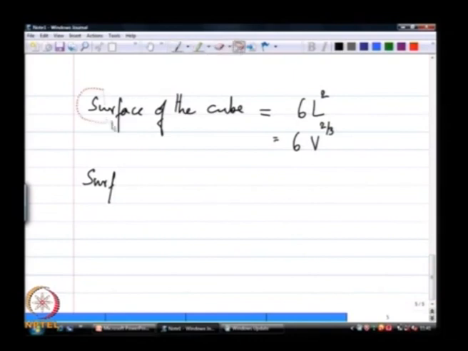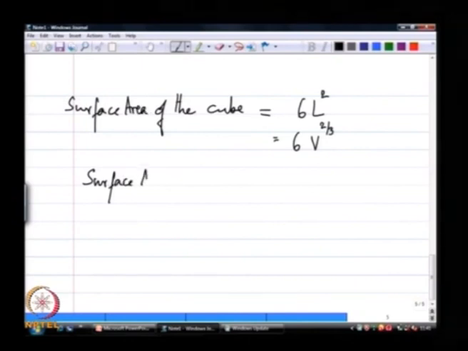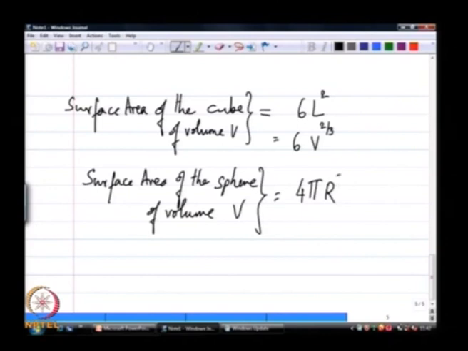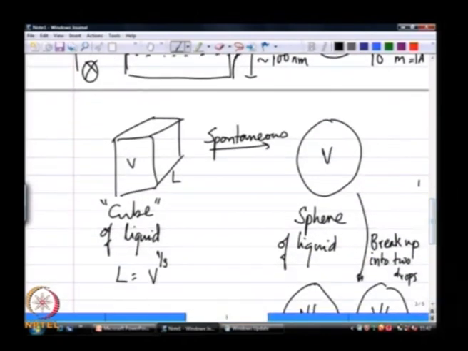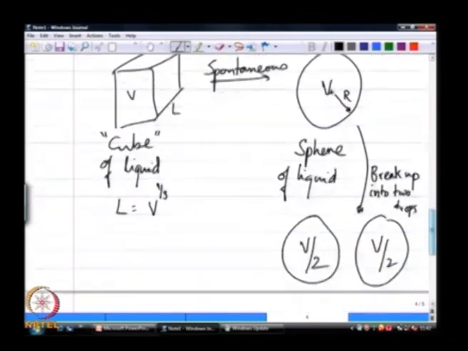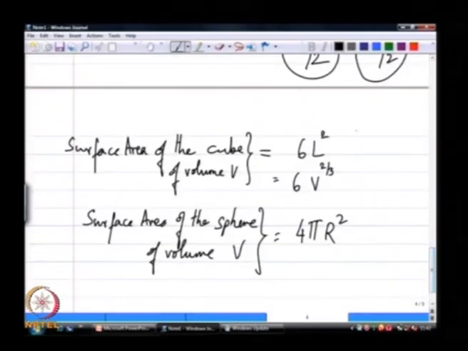Oh, let me be clear, now for the sphere, the surface area is 4 pi r squared, where r happens to be the radius of this sphere.